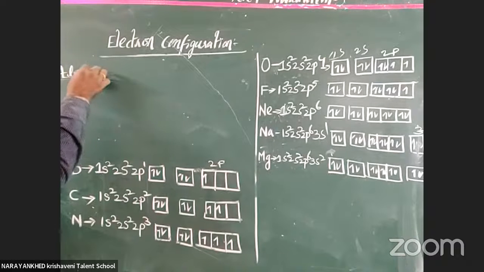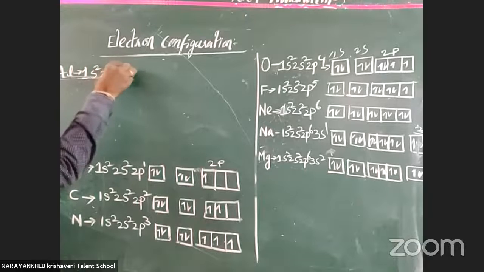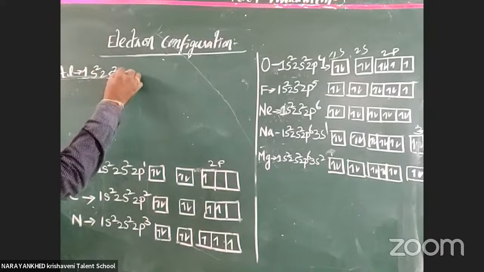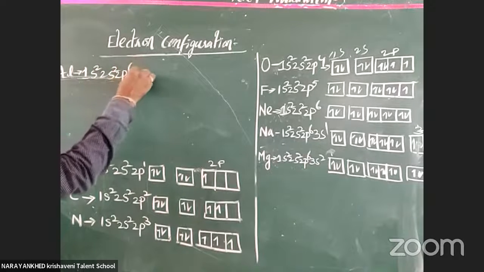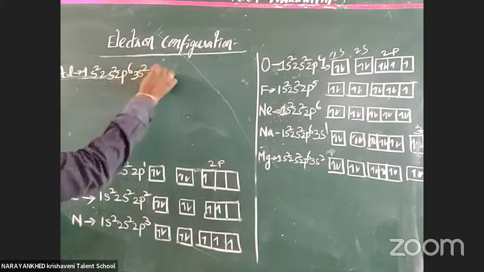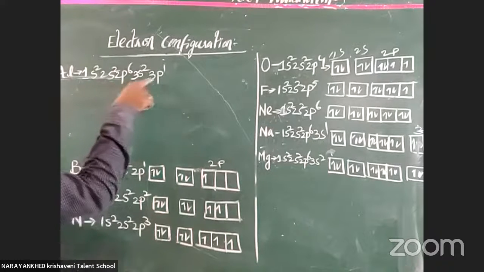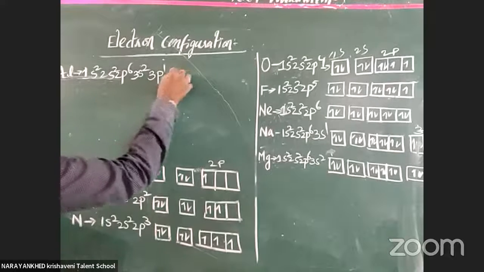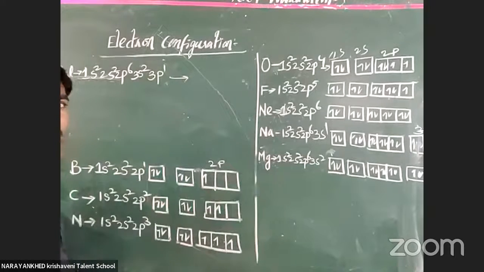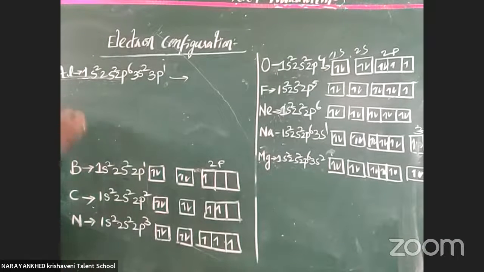Aluminium, anyone ready? 1s2, 2s2, 2p6, 3s2, 3p1. Okay, clear or not, all the students? 1s2, 2s2, 2p6, 3s2, 3p1. And there you have to write the remaining. This is the nature of it, in orbital level manner.